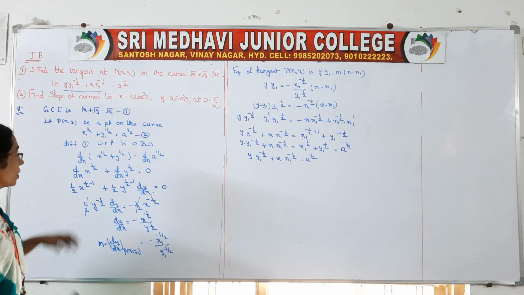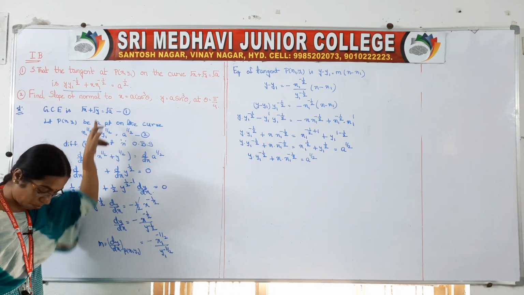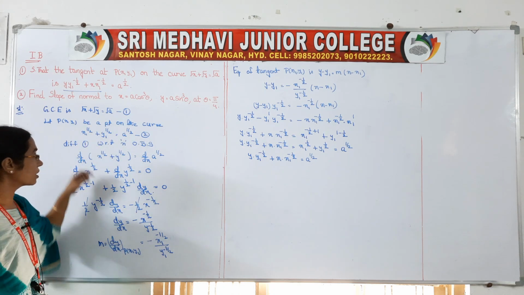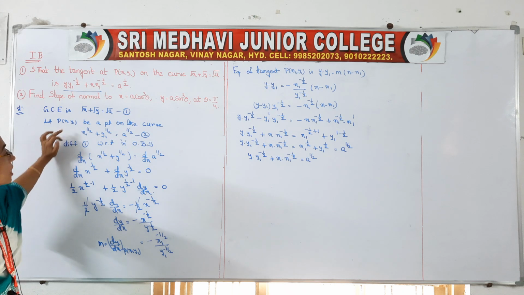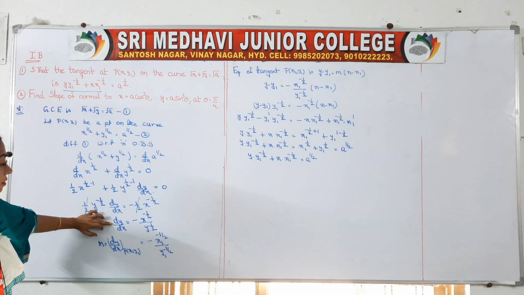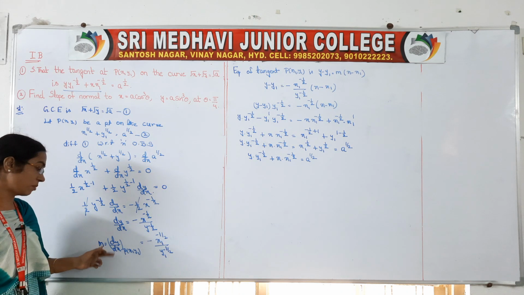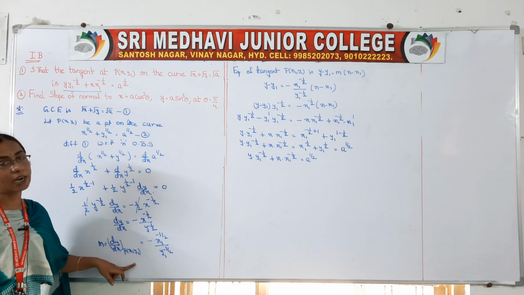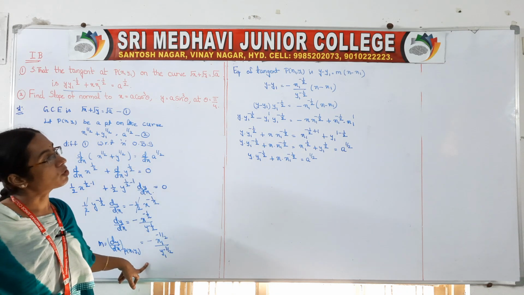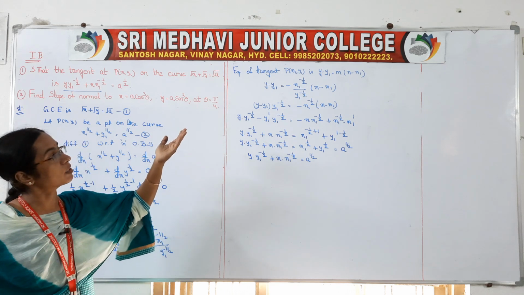So very simple, you take the curve, and you take the point P(x1, y1). Differentiate with respect to x, you will get your dy by dx. Then your m is equal to dy by dx at that point. Once we got m, x1 y1 is given to us, you take the formula.